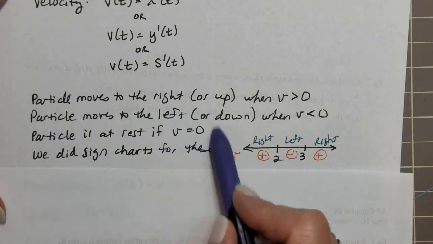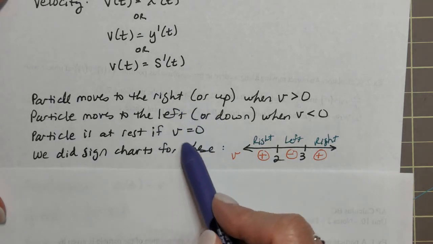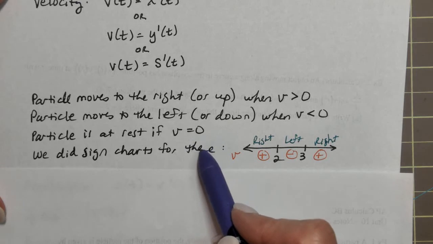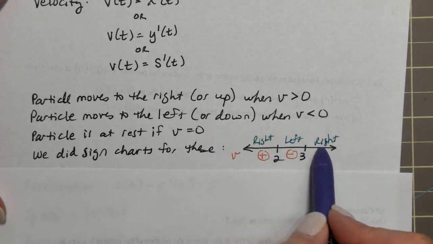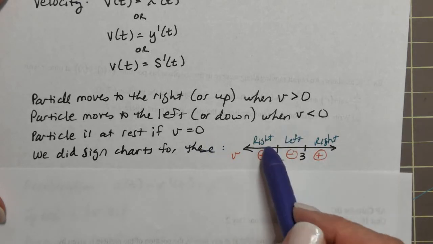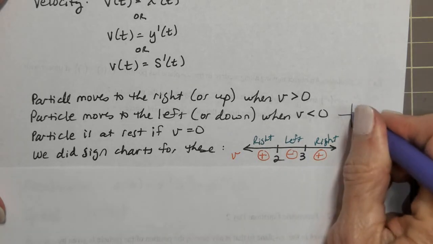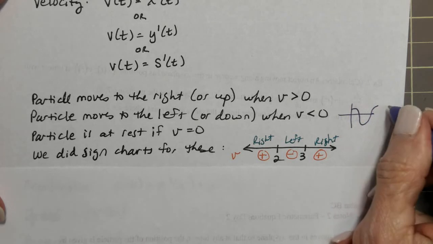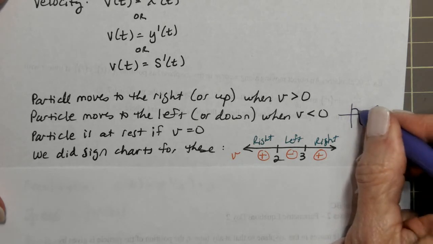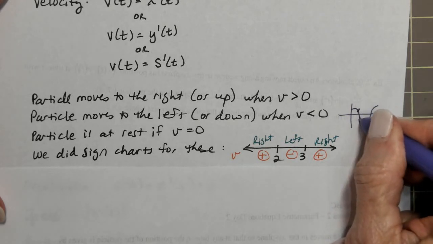So to analyze left, right, up, down, we looked at a sign chart for velocity. Or if we were given the graph of velocity, we looked at where the velocity was changing from positive to negative.